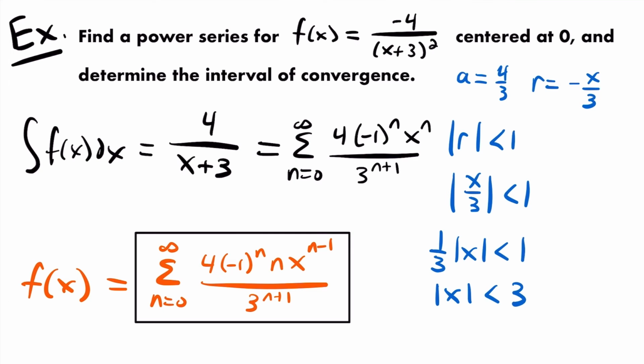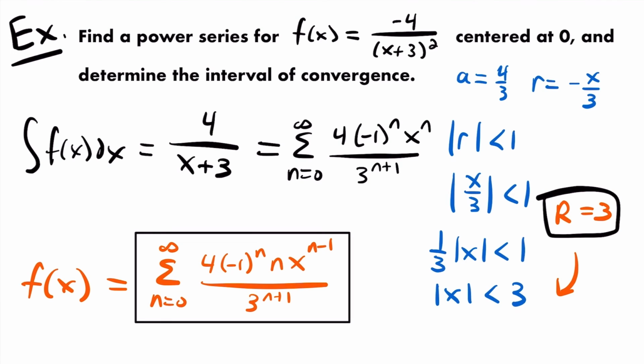So we would say that the radius of convergence is equal to 3, and we can make a note of that. Now we can find the interval of convergence. The radius is shared by a power series and its derivative. It's the interval of convergence that might be a little bit different. We might gain some endpoints.